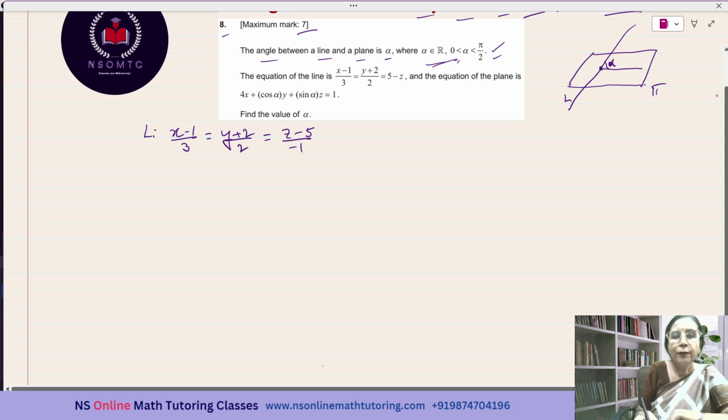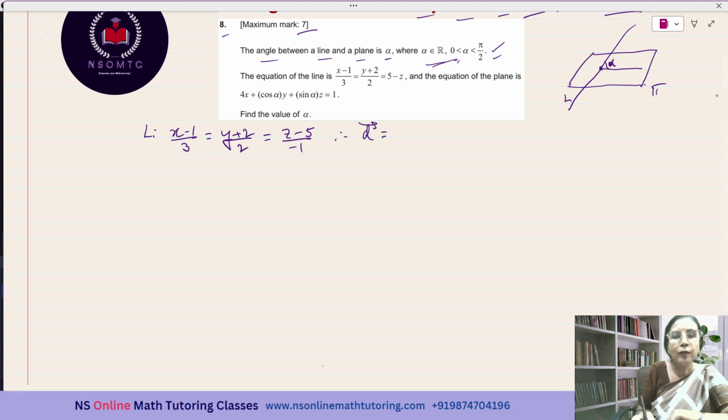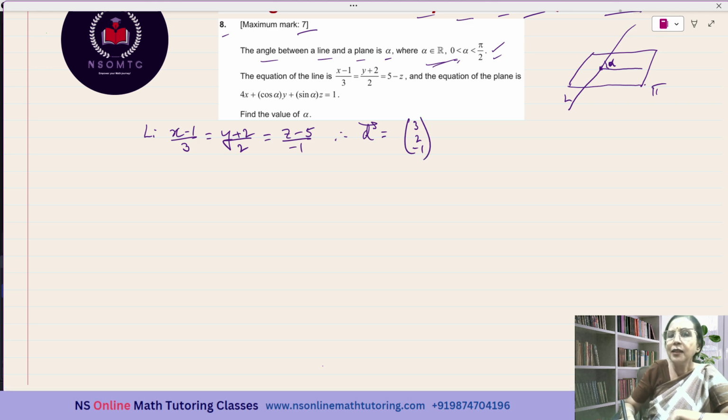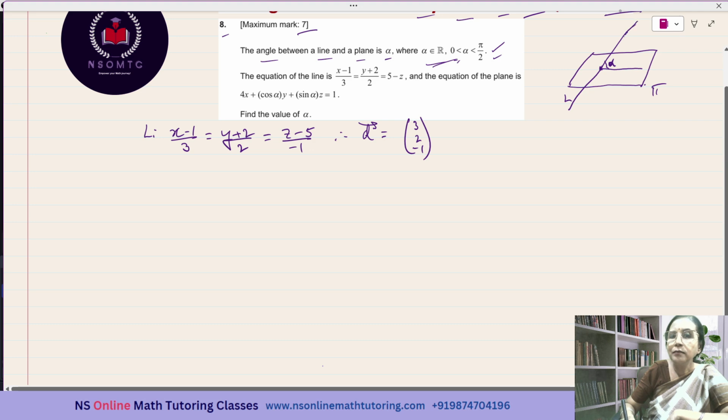Therefore, the direction vector will be 3, 2 and negative 1. Clear? For the line.